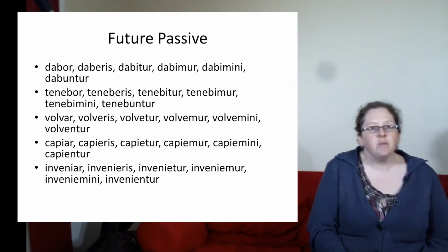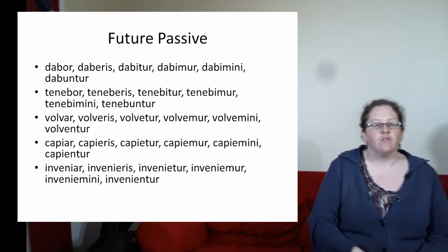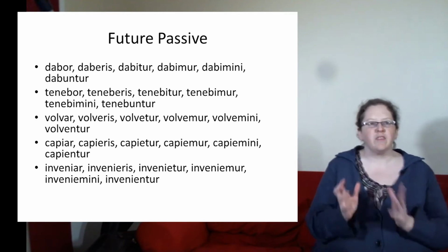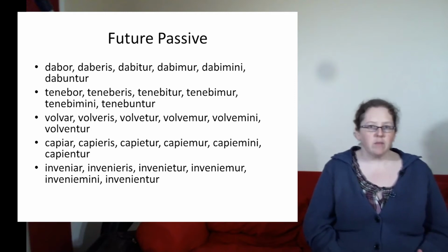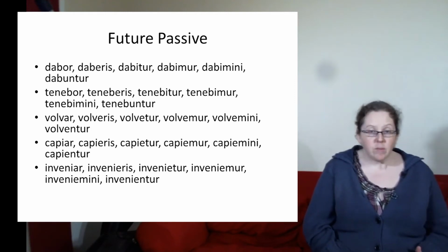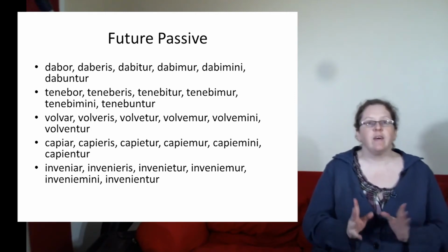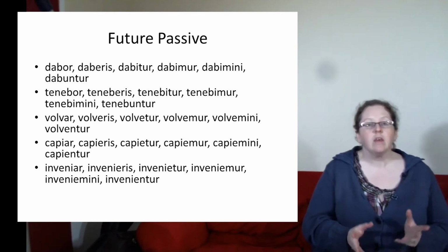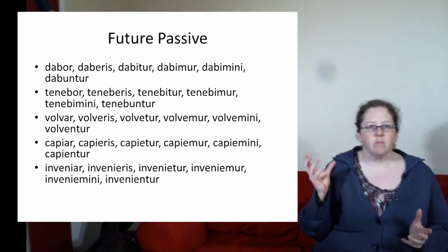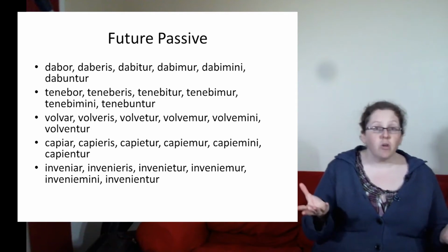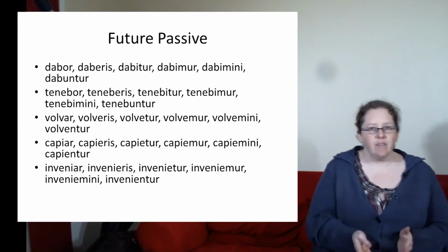Now, the big difference between the passive voice and the active voice is in what the subject in the sentence is doing. With active verbs, the subject is doing the action of the sentence. With the verb do, for instance, do means I give.